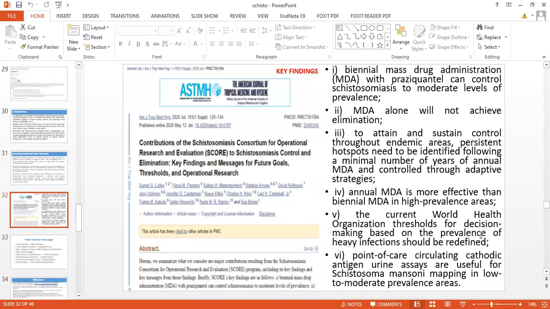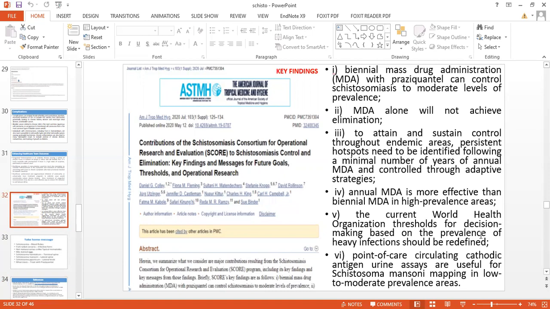This is another article, and I have mentioned the key points here. It is from a consortium for operating research and evaluation about schistosomiasis, a group of people working on schistosomiasis, and they have come up with key points about it in 2020.